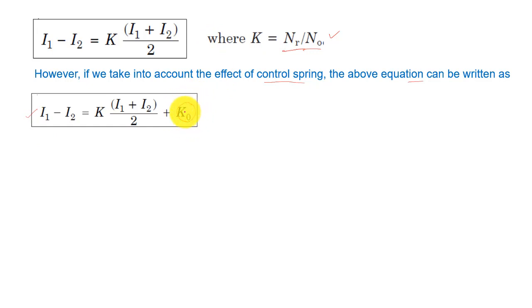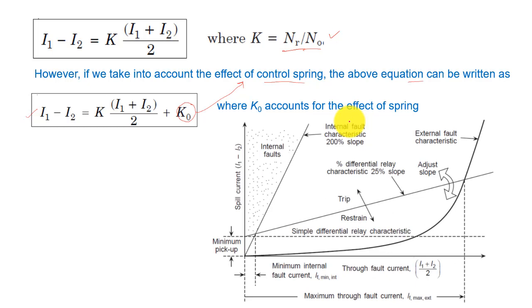So, I can write I1 minus I2 equals K times I1 plus I2 by 2 plus KO, where KO accounts for the effect of the control spring.